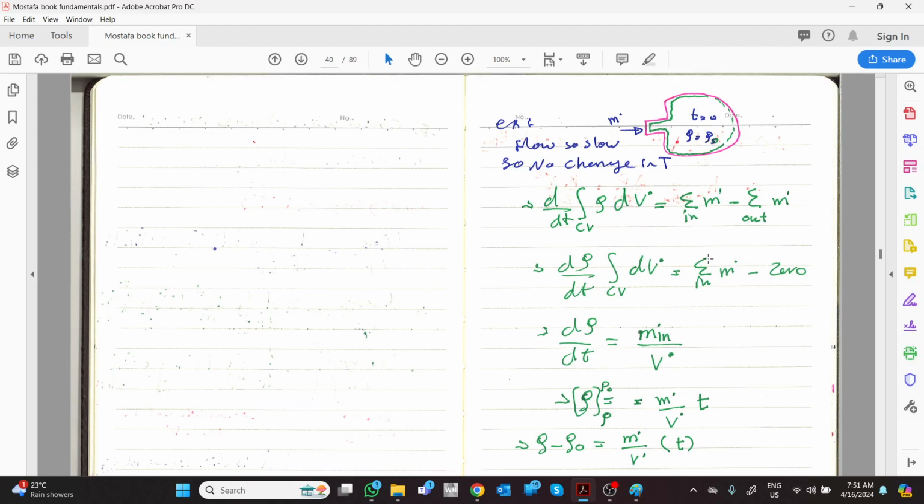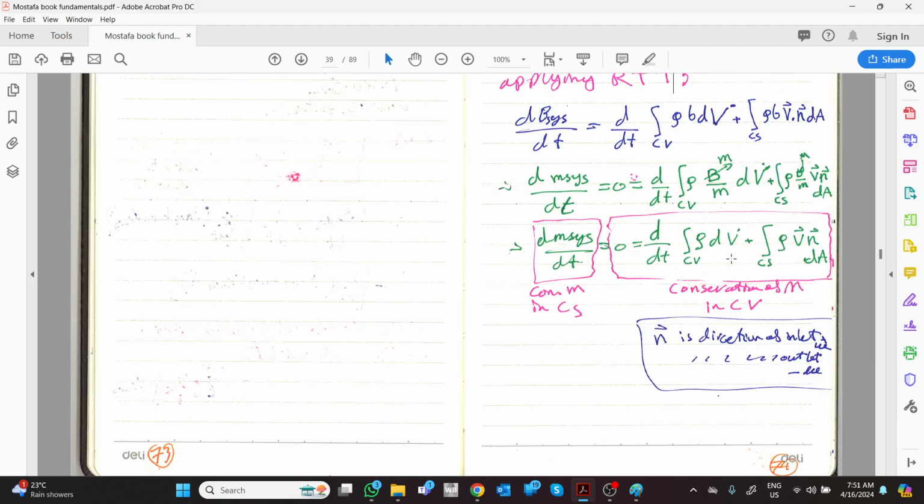Just a small example, very silly, but it's okay. Imagine that you have very slow flow, which means the temperature does not change, and you're filling a container. So applying the conservation of mass, this one is sigma m in and m out, as we agreed.